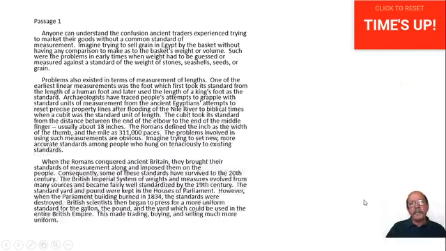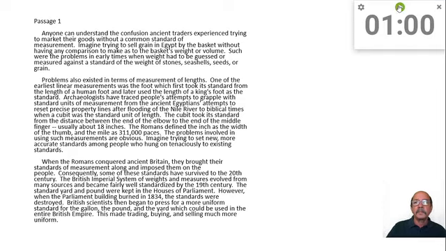Okay, moving ahead. Go ahead, read this one. This is a longer passage. So read it. I'll give you the same 1 minute. Now it will become a little tougher.